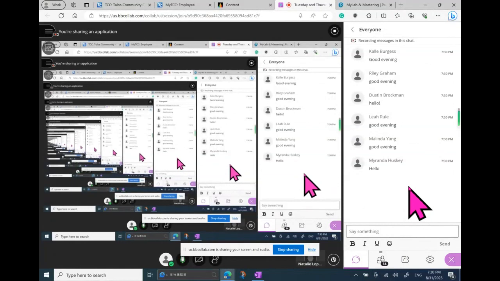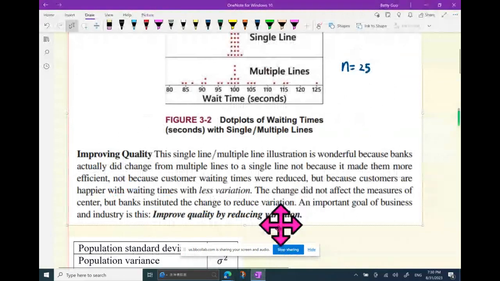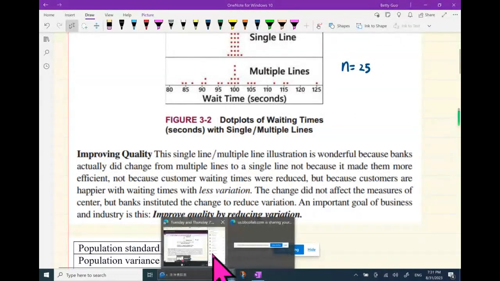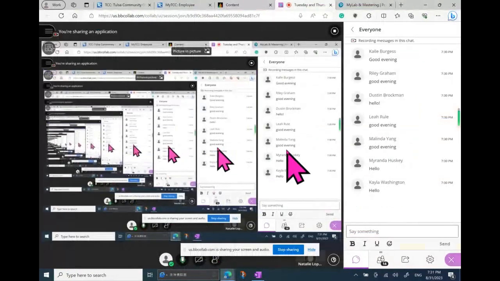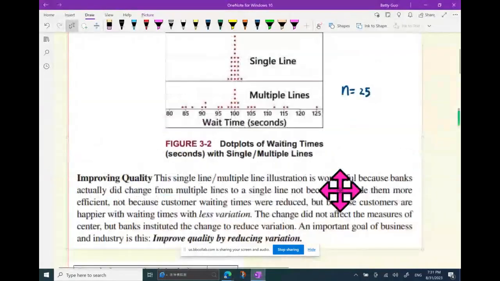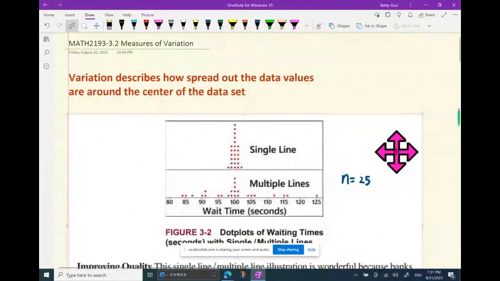Okay, so on Tuesday we went over how to measure the center of a data set. Today we are going to learn how to measure the variation of a data set. And what is the variation of a data set?